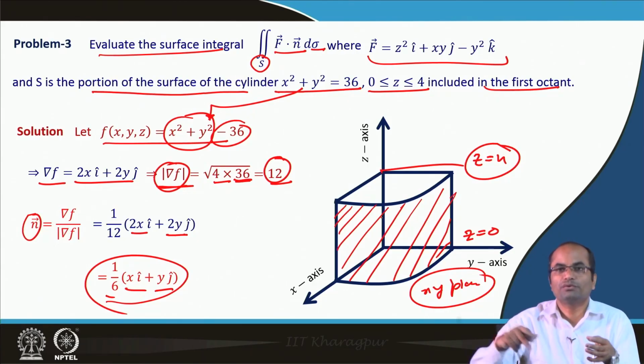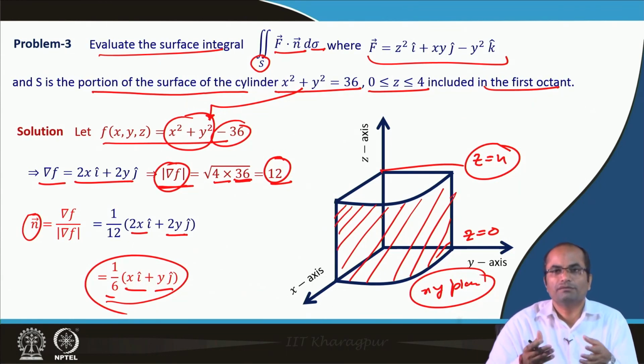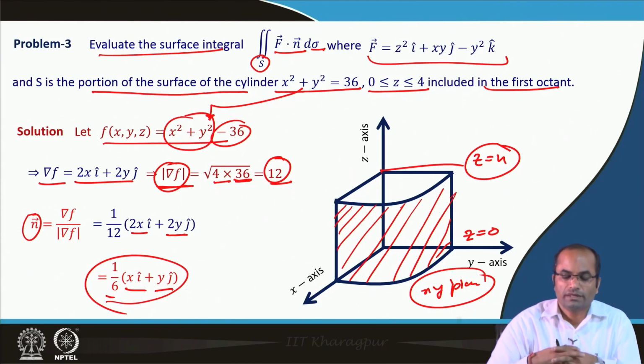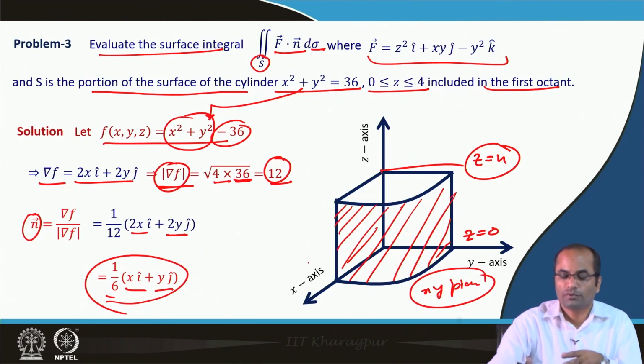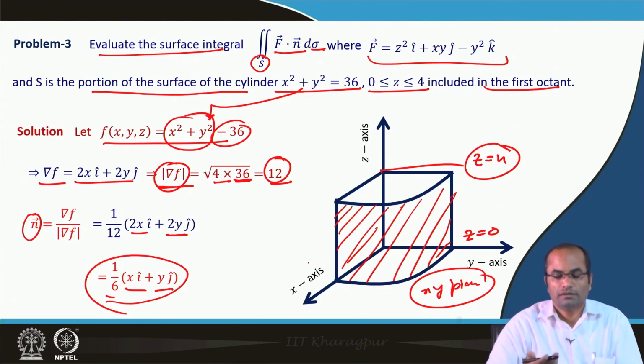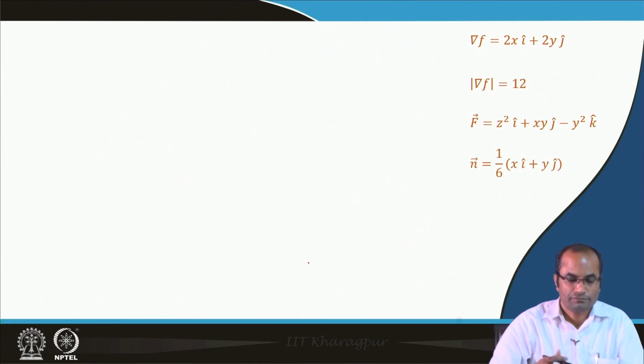So, this is not going to work, and also looking at the projection of this cylinder on the xy plane, this is going to be just part of a circle, so there will be no surface there. In whatever way, the formula will not work, and we cannot project it on the xy plane. So, here we have to project it either on the xz plane or on the yz plane, then we can evaluate.